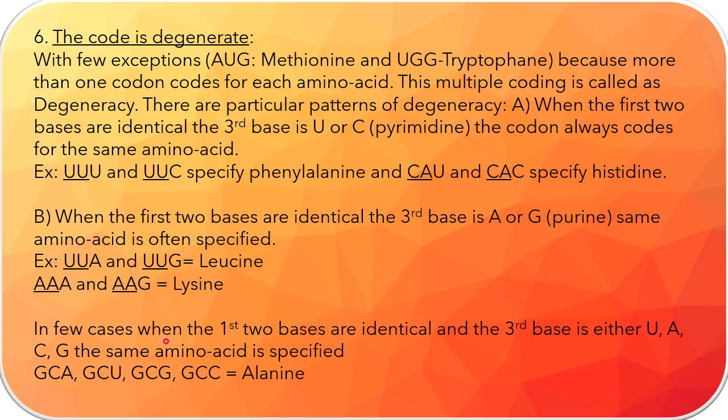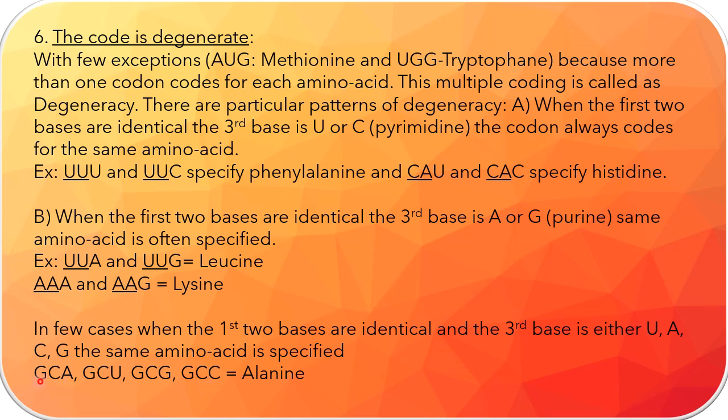In a few cases, if the first two bases are the same and the third base is either A, G, U or C, then the same amino acid is specified. For example, in this case you can see here GCA, GCU, GCG and GCC.